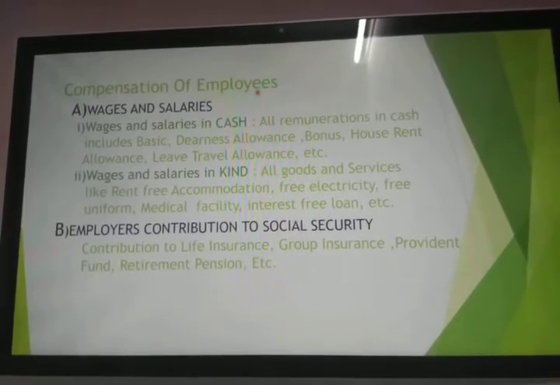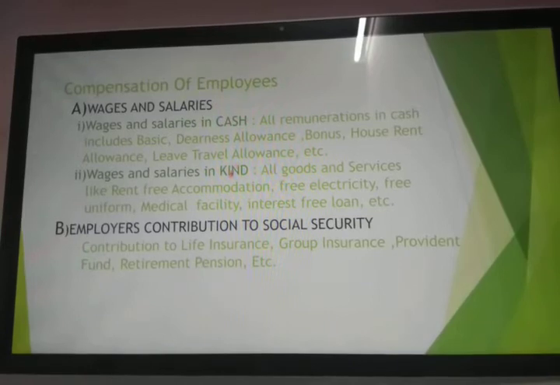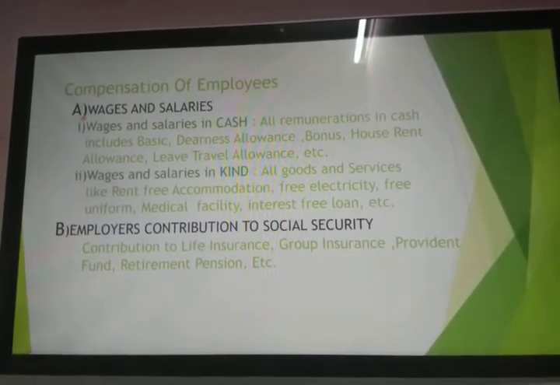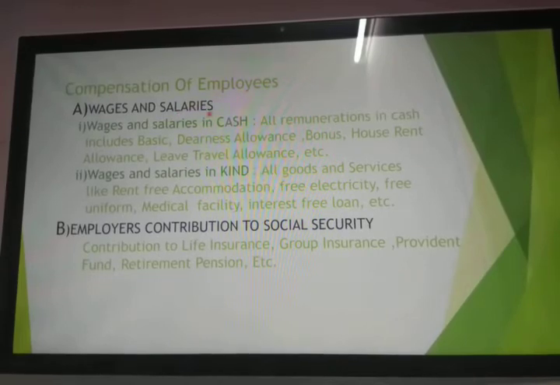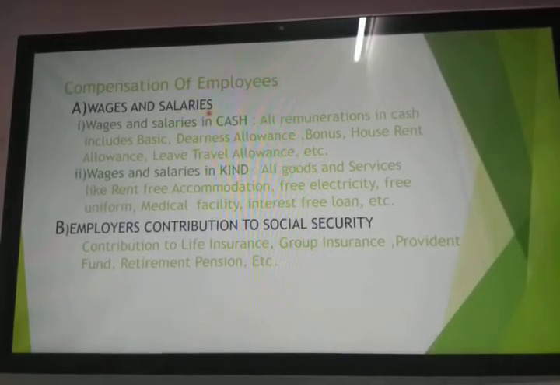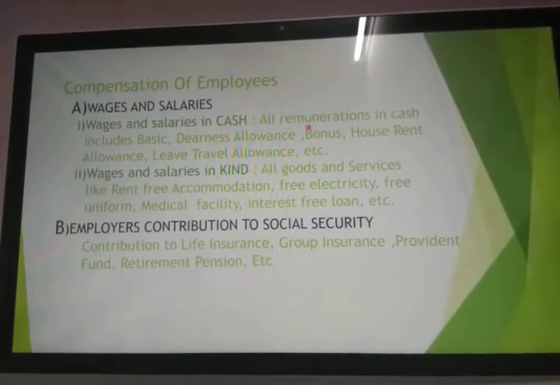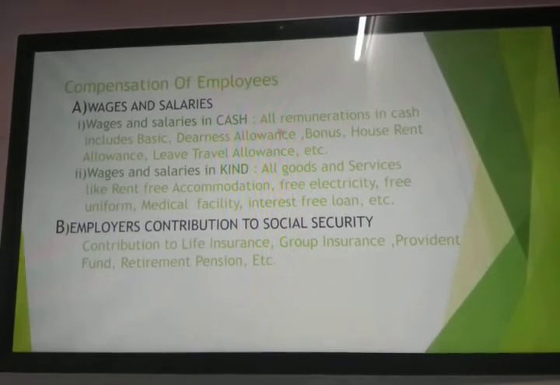It may be in cash, it may be in kind. So we categorize them in a particular category known as wages and salaries. Wages and salaries in cash include all the remunerations, all the payments which an employee receives in cash.